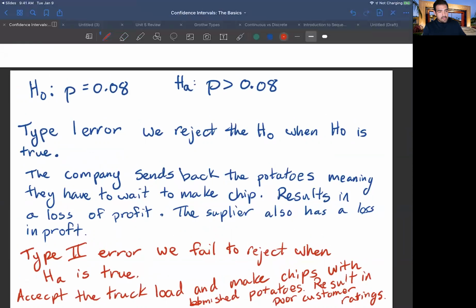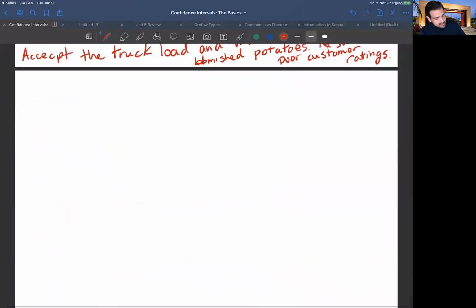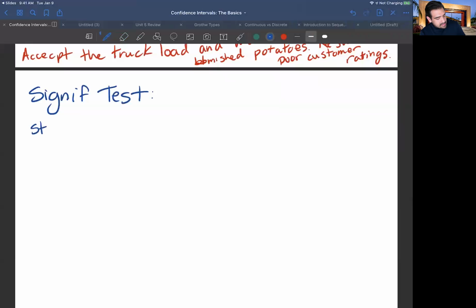So far, let's talk about everything that we know about a significance test. When we run a significance test, we need to state the parameter of interest.